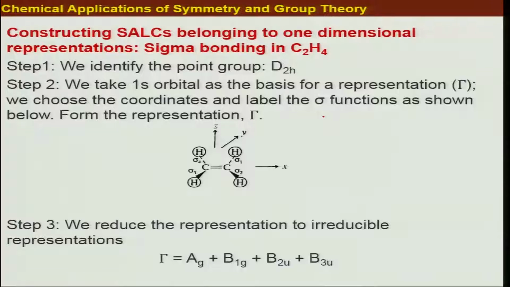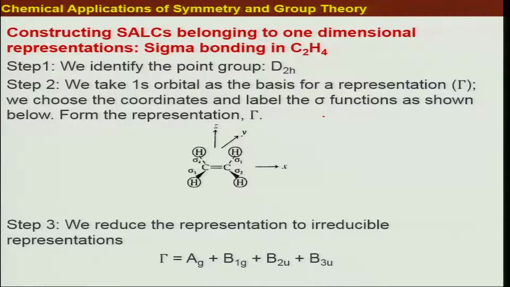So what do we do when we try to find out the SALCs for any given molecule? Okay, so the first thing, obviously, you have to find out the molecular structure and its symmetry, meaning the point group of the particular molecule. So we will start with the construction of SALCs in particular for the ethene molecule C2H4.